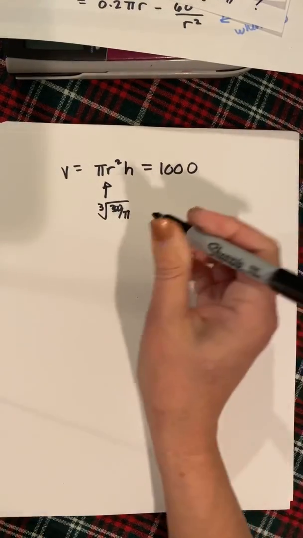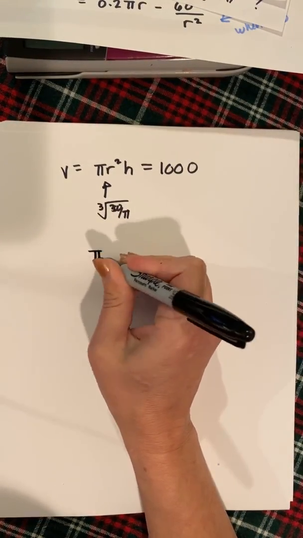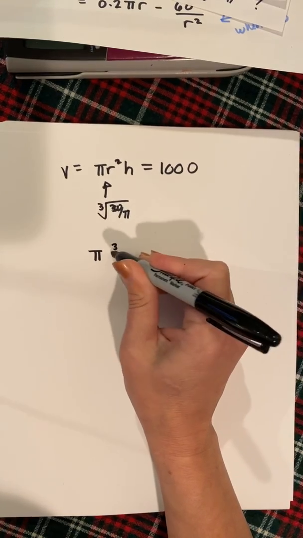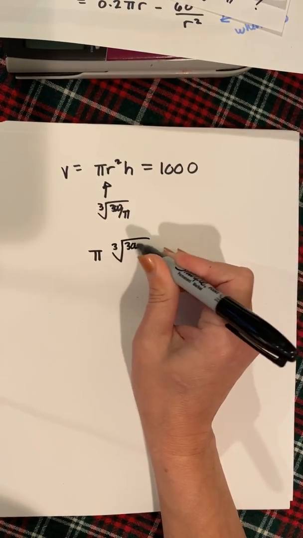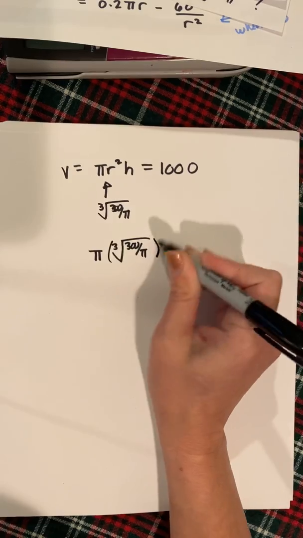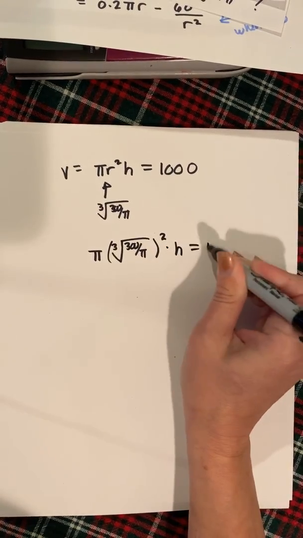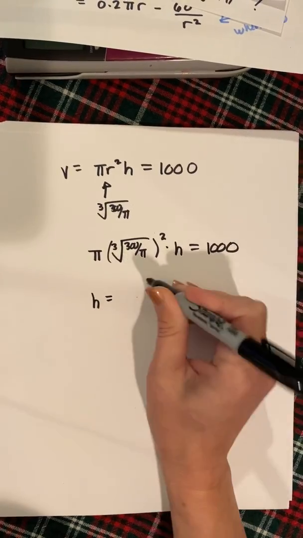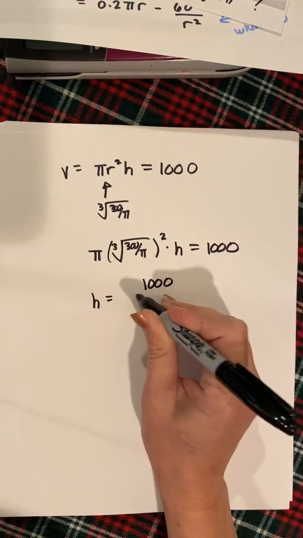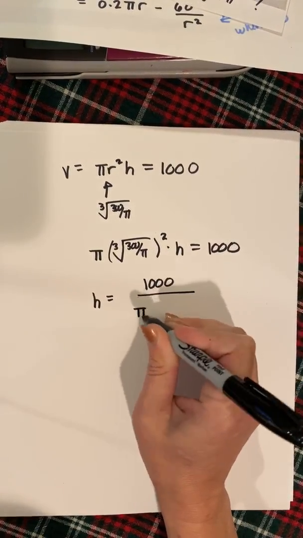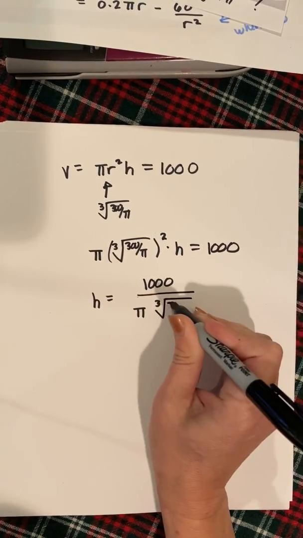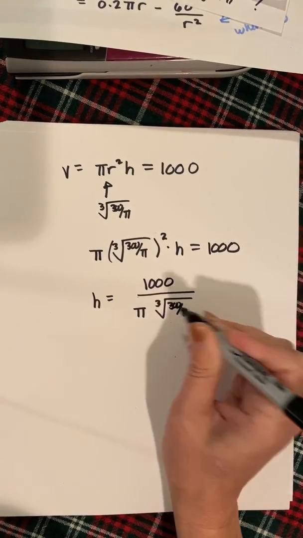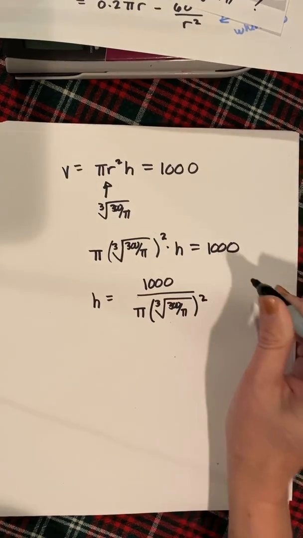So not a nice number, but we have pi times the cube root of 300 over pi, squared, times h is equal to 1,000. So h is going to be, we're just going to take this whole mess, and I'm not going to worry about simplifying it, 1,000 over pi times the cube root of 300 over pi, squared.